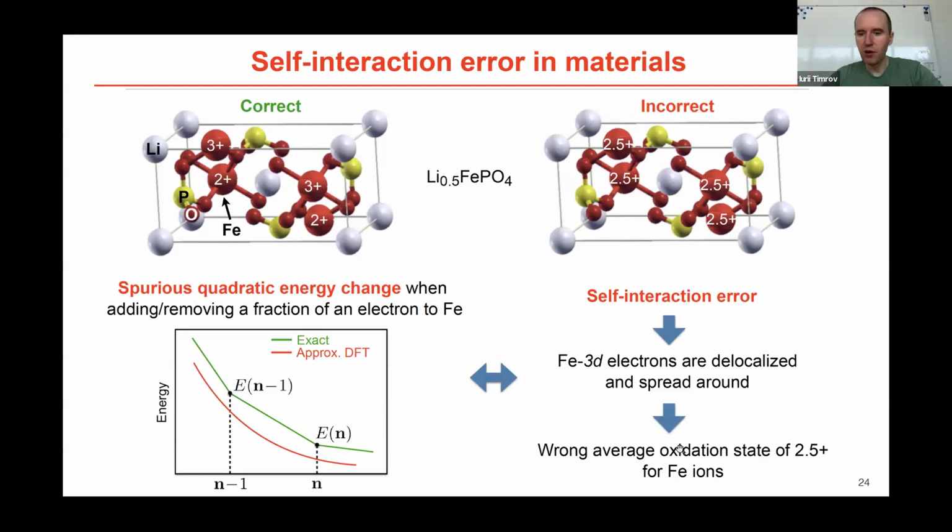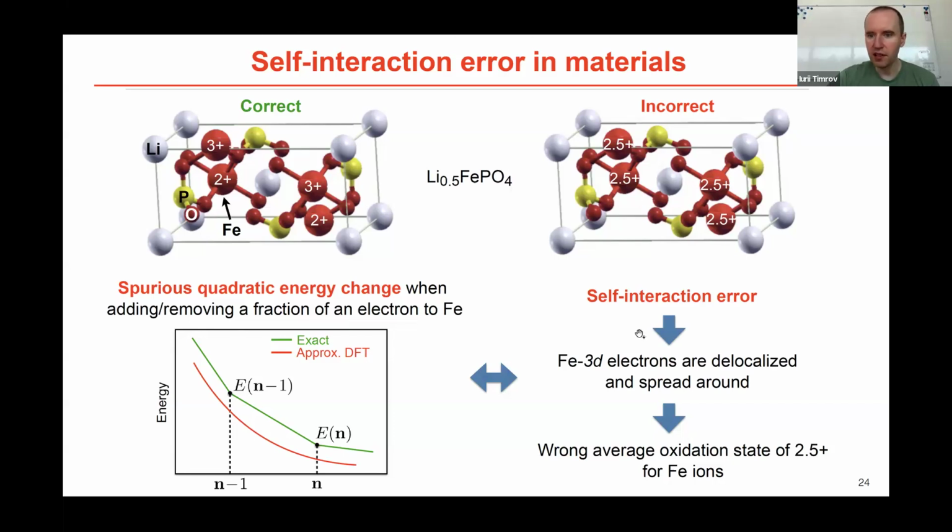As a consequence, we get the wrong average oxidation state of 2.5+. And to make a step forward, this is actually related to the spurious quadratic energy change when we add or remove a fraction of an electron to iron. This is a bit complicated, so let us take some time to understand what it means.